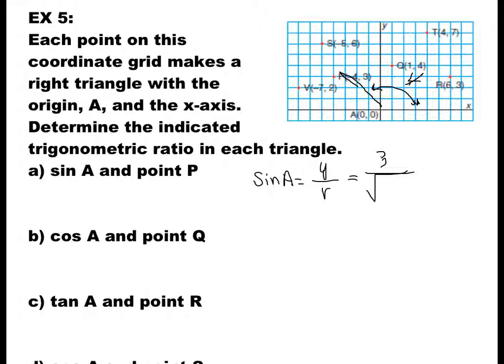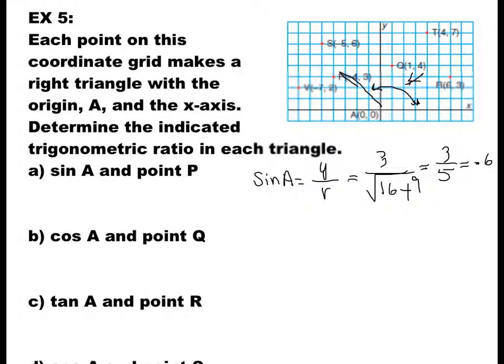Remember, R is the square root of x squared plus y squared. Now, x squared is negative 4 squared, which is what? 16. And what is 3 squared? 9. What is 16 plus 9? 25. What is the square root of 25? 5. So your answer is 3 over 5, which if you simplify is 0.6. And you can see that sine is positive, which has to be. So we found that sine A is 0.6.